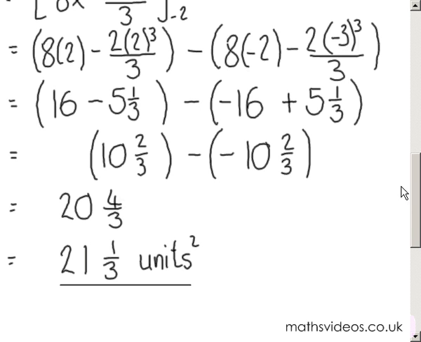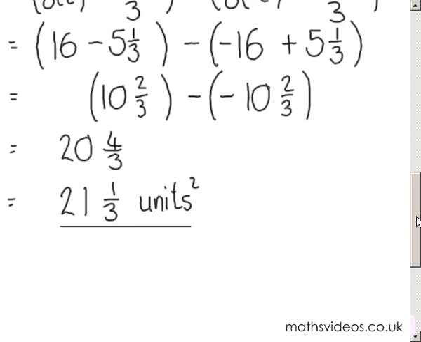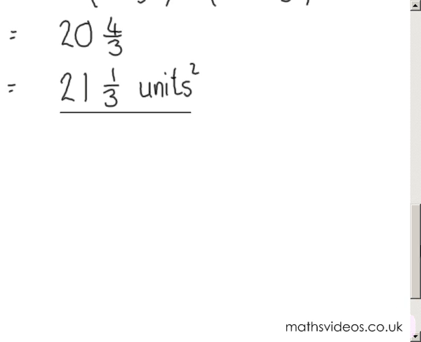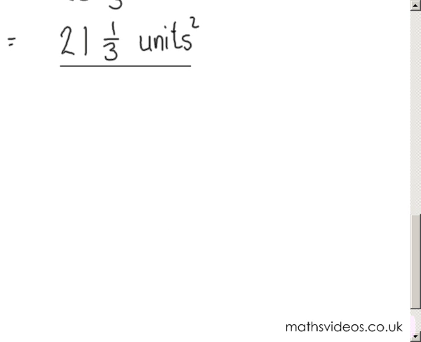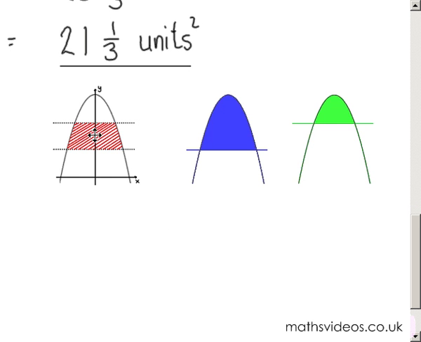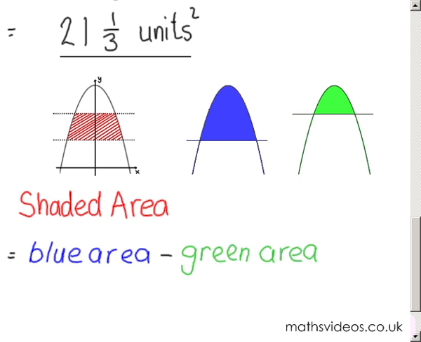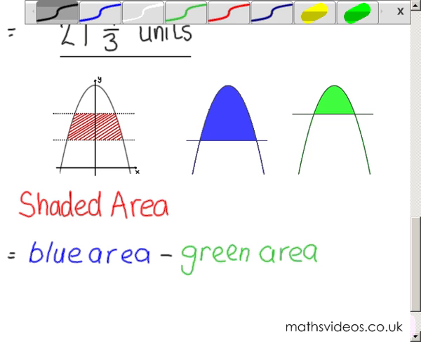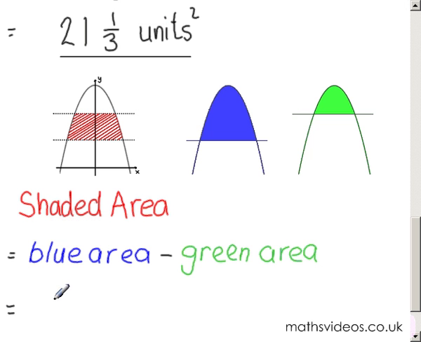So if we refer back now to our original diagram, we were looking for the shaded area, which is shown here in red. So the shaded area was equal to the blue area, take away the green area, and the blue area was 72, take away the green area, which was 21 and 1/3.